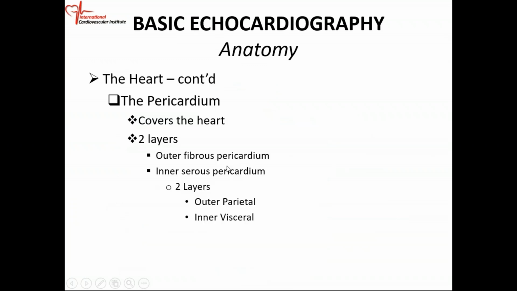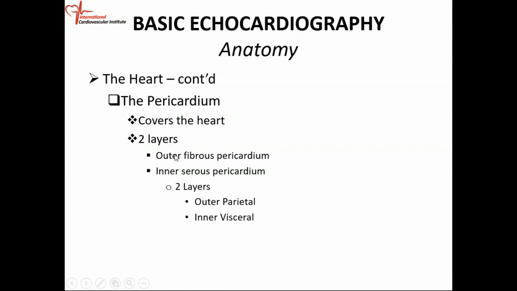All right. So if you look at the heart from the outside in, the first layer you're going to see on the outside of the heart is what we call the pericardium. So this is the covering of the heart, so to speak. The pericardium covers the heart, and there are two layers to the pericardium.